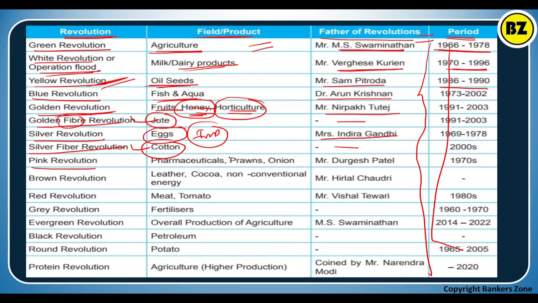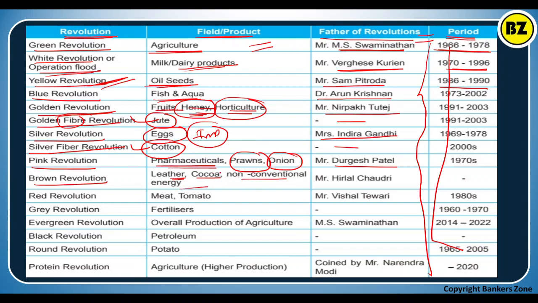Then pink revolution. Pink generally relates to onion or prawns, or it may be pharmaceuticals. Remember that three are included. Mr. Durgesh Patel is the father. Then brown revolution, what does brown mean? Brown is like cocoa, or you can say leather. Or non-conventional energy is also called the brown revolution.